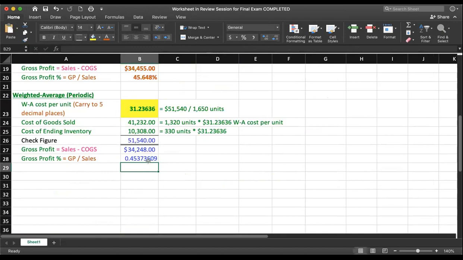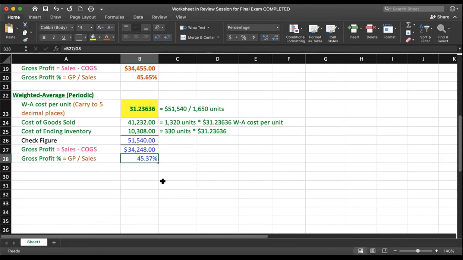Let me make that into a percent. In this case there is a little difference, 45.65% versus 45.37%.